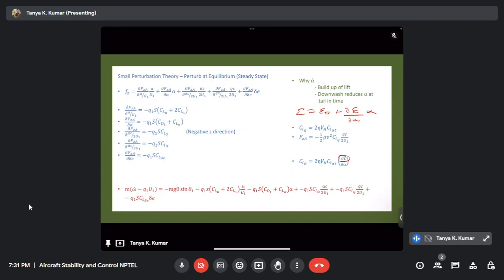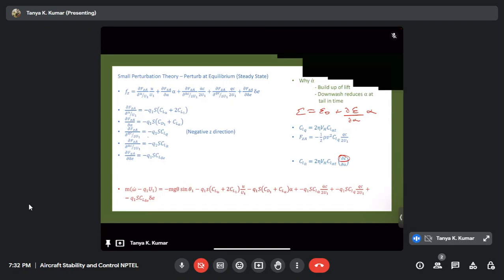Because of this downwash and because of the time it takes to achieve the angle of attack, you have this alpha dot. So that is why you have this rate of change of angle of attack. Not just the pitch rate, but also the rate of change of angle of attack. Now these parameters also contribute towards the derivatives in the fz equation, and so you have two new terms.